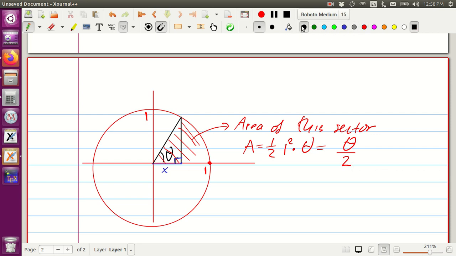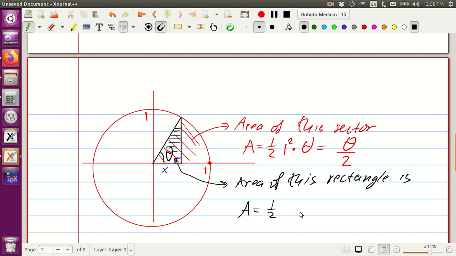Now, what is the area of this rectangle in black? The area of this rectangle is A equals 1/2 x times y, which is 1/2 cosine of theta times sine of theta.